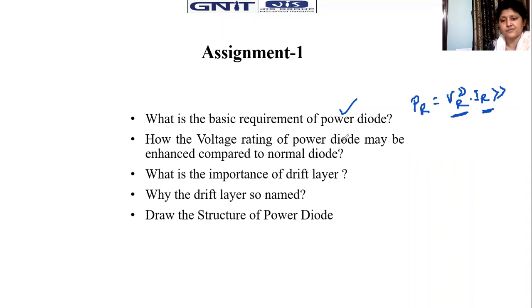Now, how can the voltage rating of a power diode be enhanced compared to a normal diode? These are quite similar answers: what is the importance of the drift layer and what is the voltage blocking property? Basically the answer is the same. You have to explain the N minus drift layer effect here.